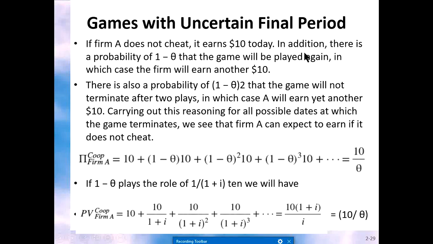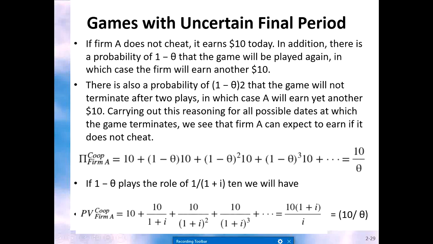There is also a probability of 1 minus theta squared, or to the power 2, that the game will not end or terminate after 2 plays, in which case A will earn yet another 10. Carrying out this reasoning for each possible date at which the game terminates, we see what firm A can expect to earn if it does not cheat.